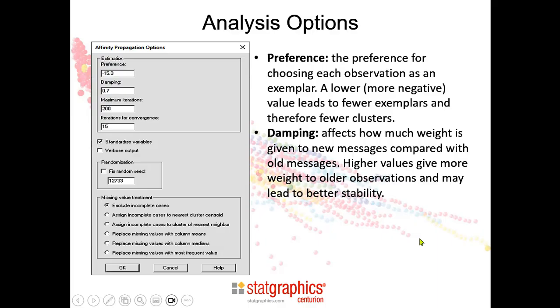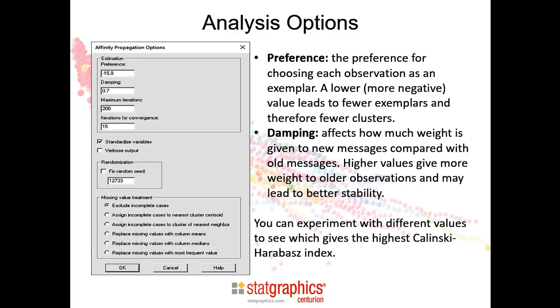The second option is called damping. Damping affects how much weight is given to new messages compared with old messages. Higher values give more weight to older observations and may lead to more stable results. You can experiment with different values of preference and damping to see which gives the highest Calinski-Harabasz index.